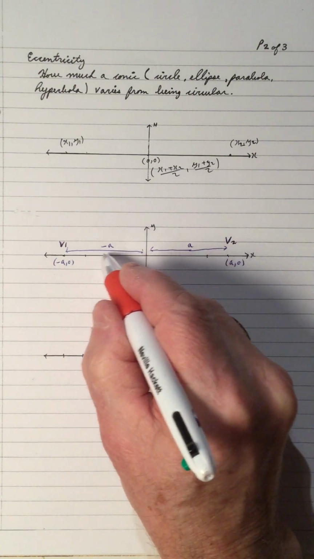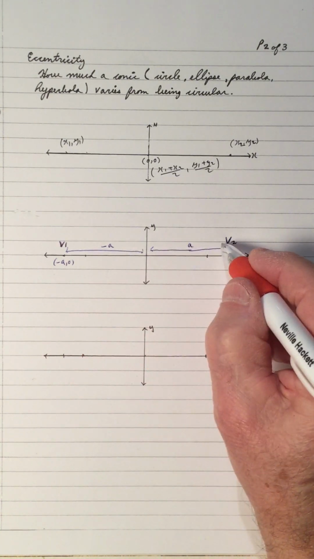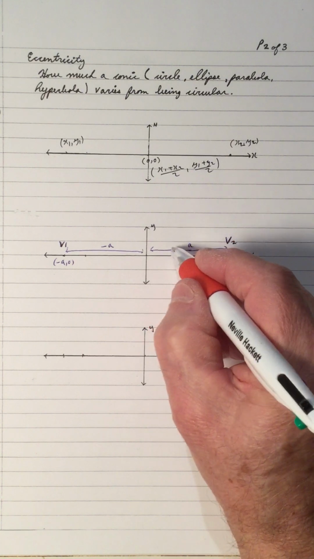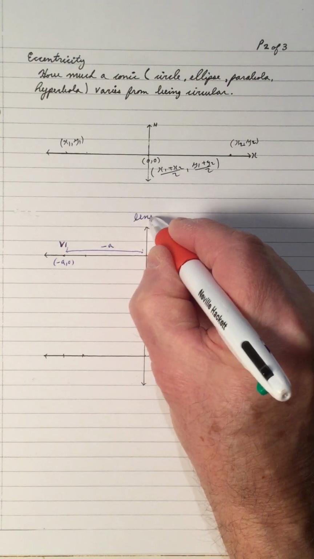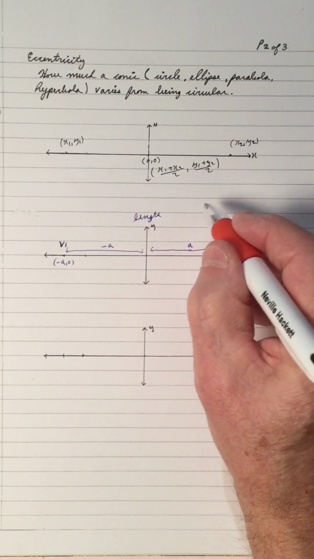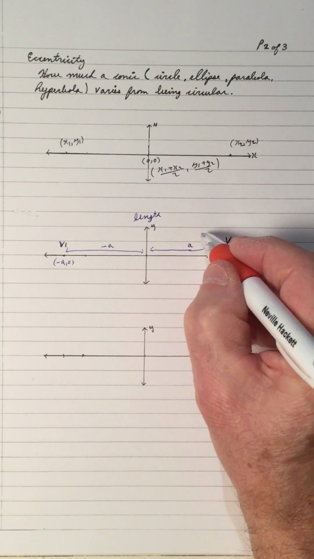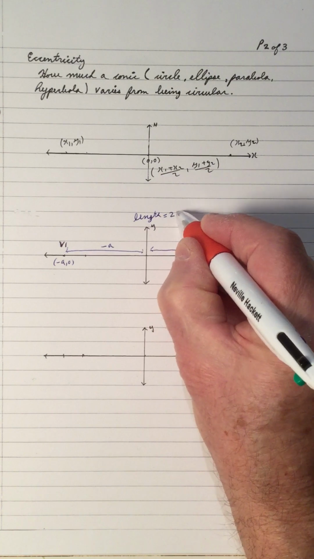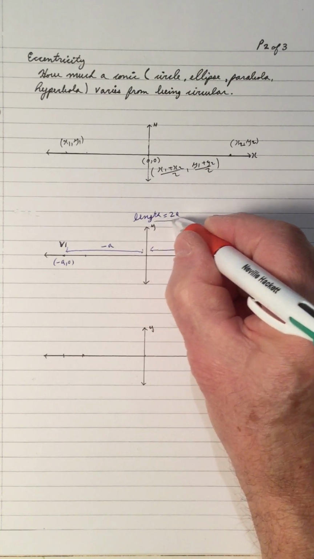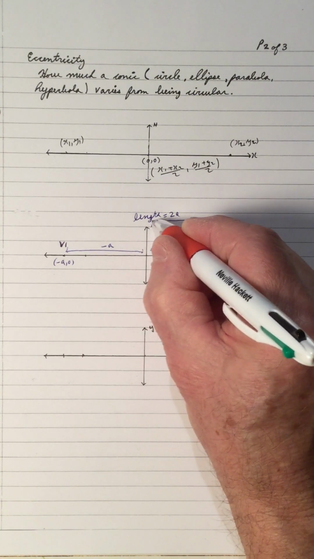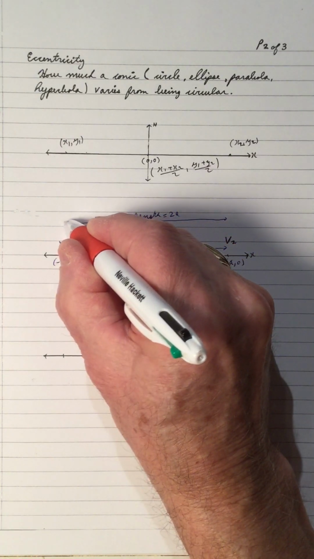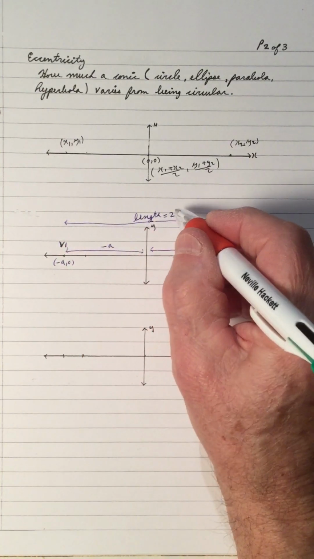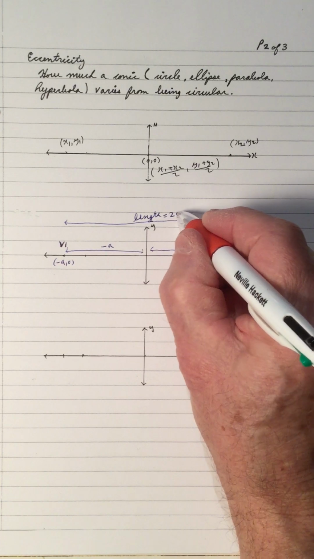Notice A is negative on this side and positive on this side. But the length of this segment, and length is distance, is A added on A, so the length is 2A. From there to there is 2 times A, because the length is always positive.